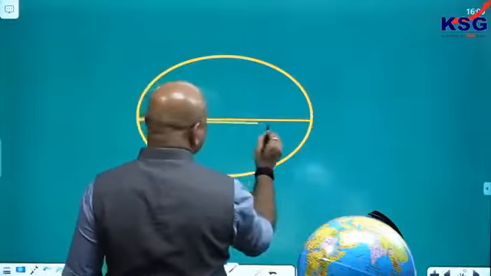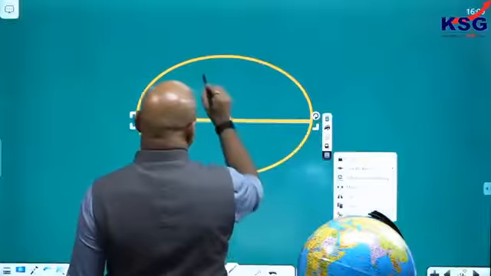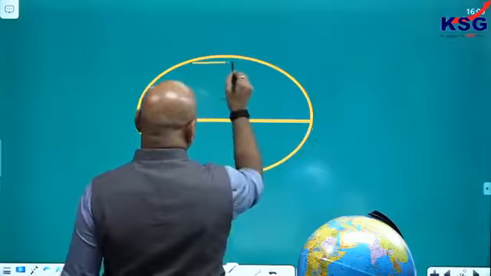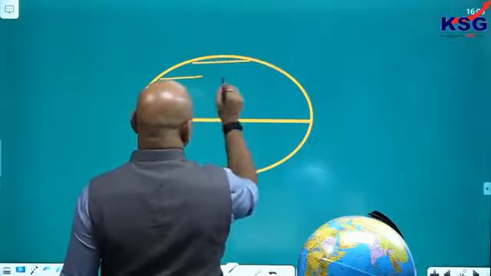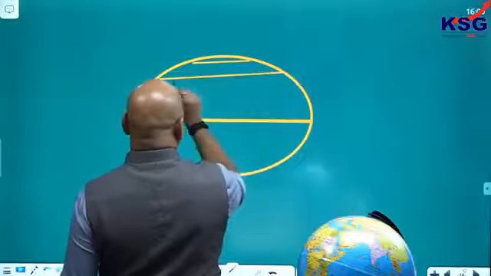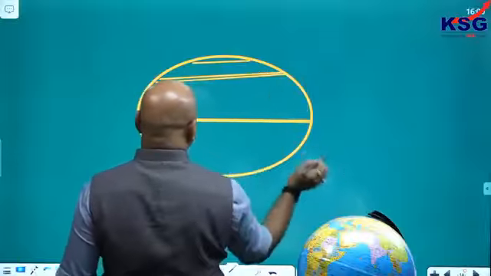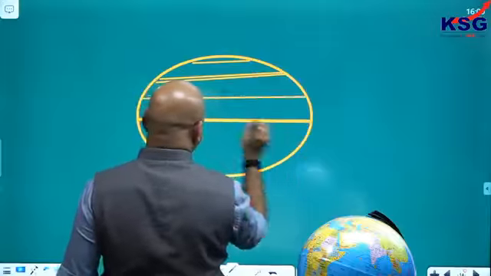The earth has, this is low pressure, here you have a high pressure, and here you have a low pressure, and here you have a high pressure.